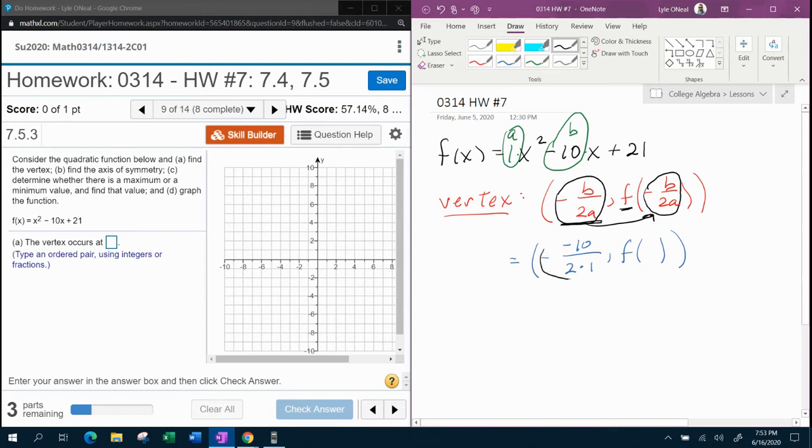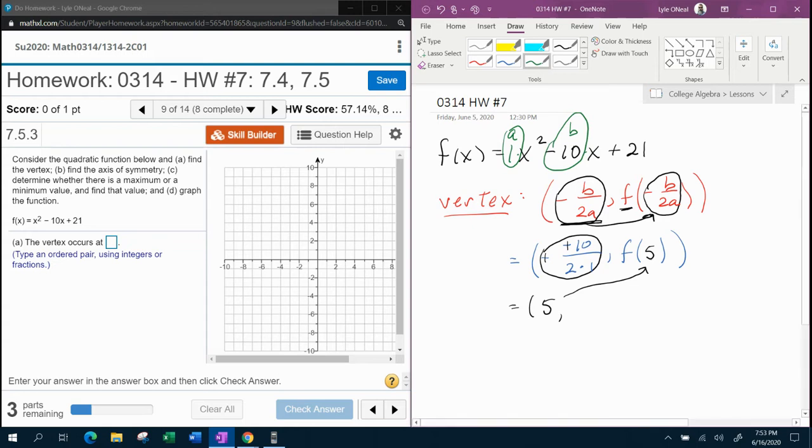Okay, so I need to calculate this fraction out to a value, and then I'm going to plug it into the function, okay? So we have minus a negative, which makes that a plus. 2 times 1 is 2. 10 divided by 2 is 5. And that is the x coordinate of the vertex, which I then have to plug into the function to get the y coordinate of the vertex, okay?